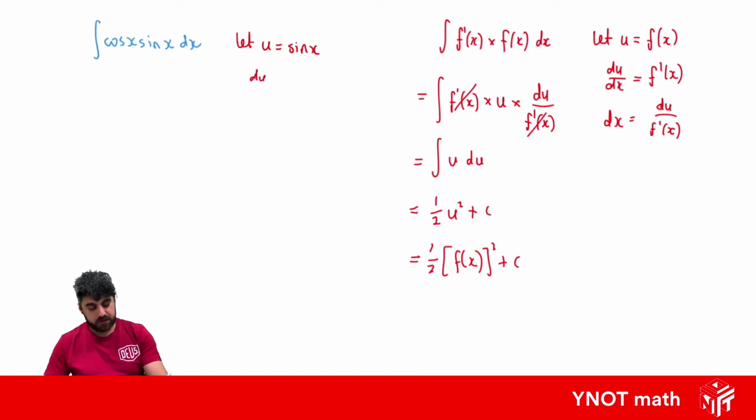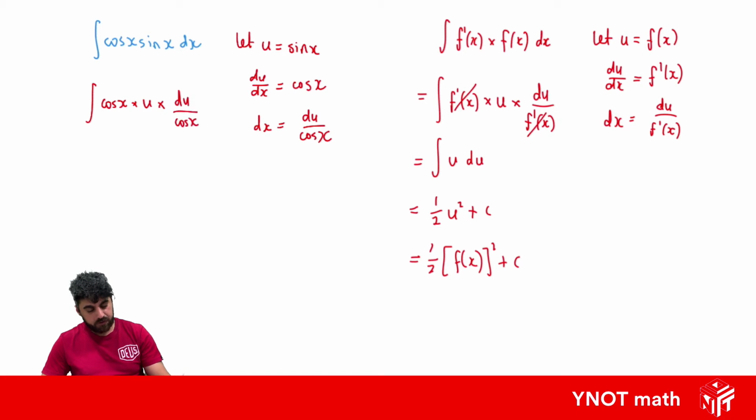Because we know that du dx is going to be cos x, and making dx the subject, we'll have du over cos x. So what we're going to have is the integral of cos x times sine x, which we know is u, times dx, which we know is du over cos x.